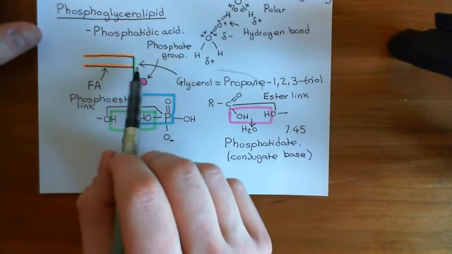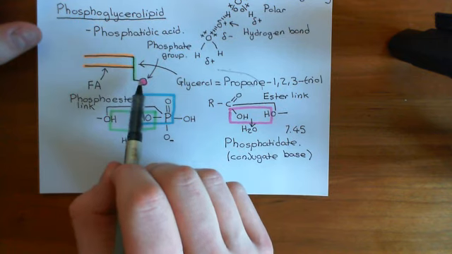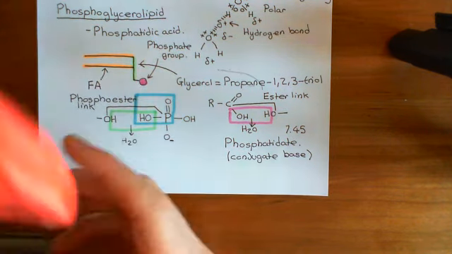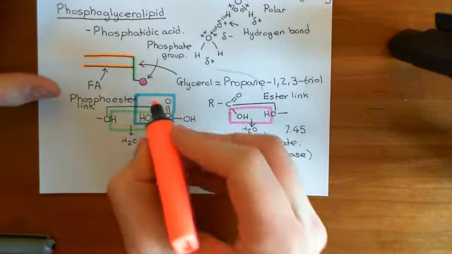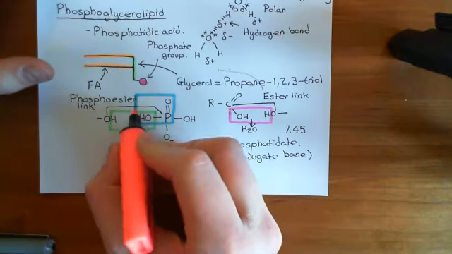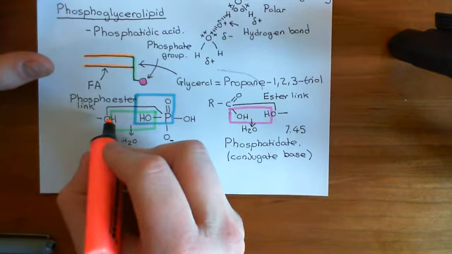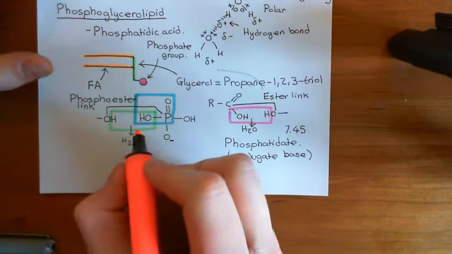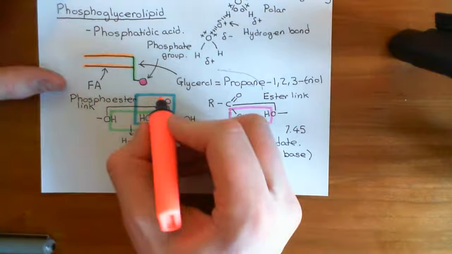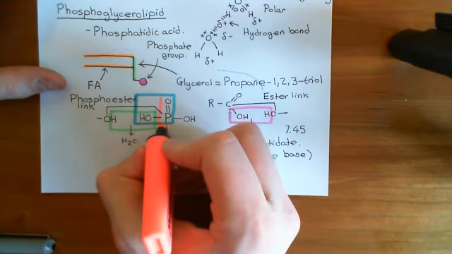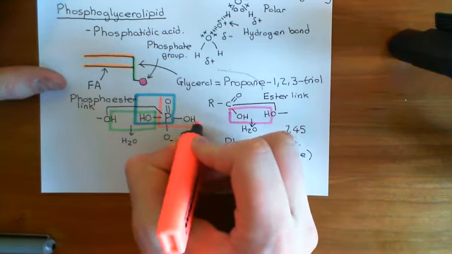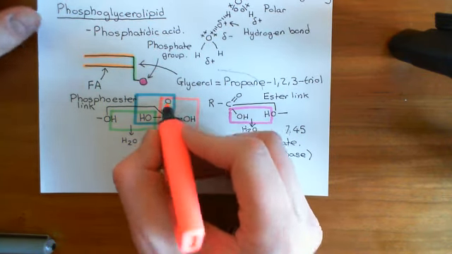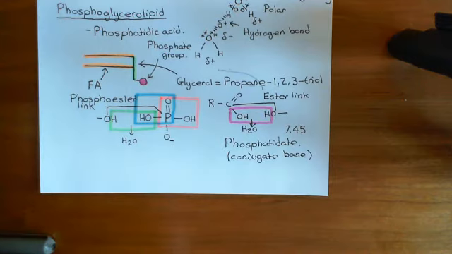How do we go from that to a more generalized phosphoglycerolipid? Well, basically, let me get my highlighter again. Okay, we've had this alcohol group here cleave off and join with that hydrogen, and you formed this first phosphoester link. However, even once you've done that, you've still got this group here intact. You've still got a phosphorus atom double bound to an oxygen with an alcohol group coming off it.